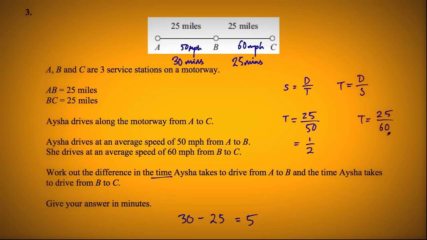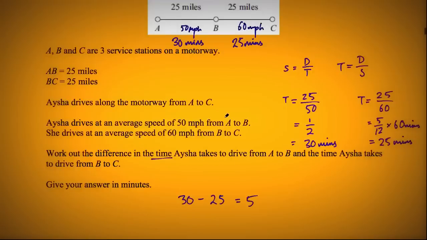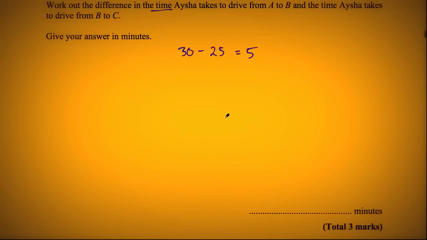And 25 over 60 is 5/12 of an hour, which if I multiply that by 60, to get it in minutes is 25 minutes again. So 30 minutes, 25 minutes. And then I've got those 2 times ready to compare. So the difference between A to B and B to C is 5 minutes.